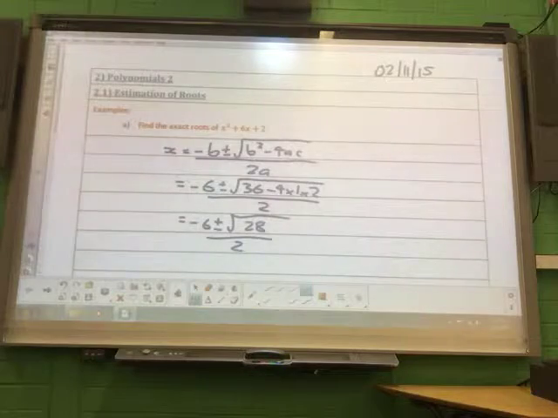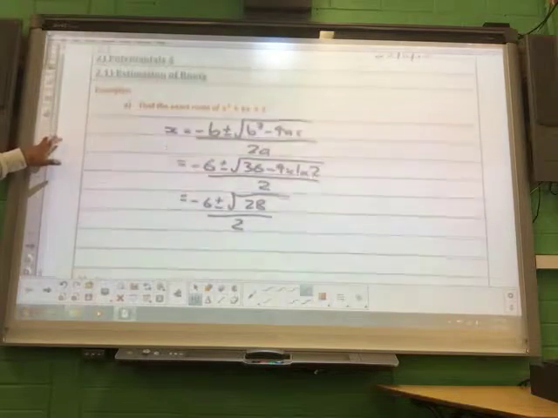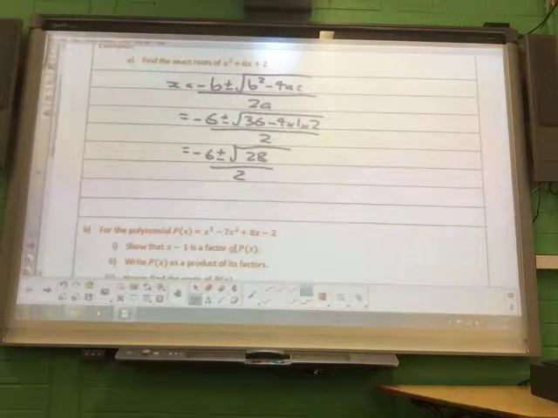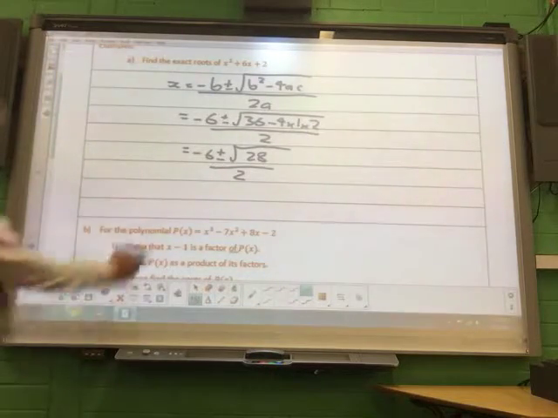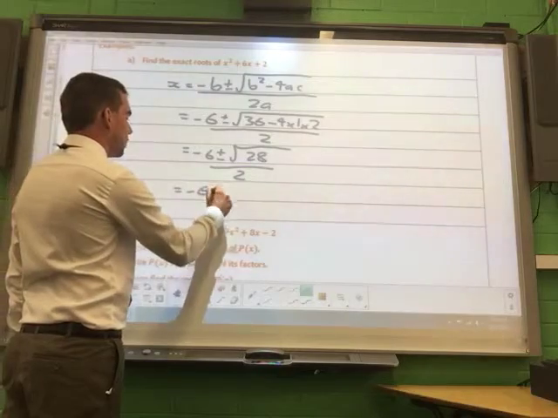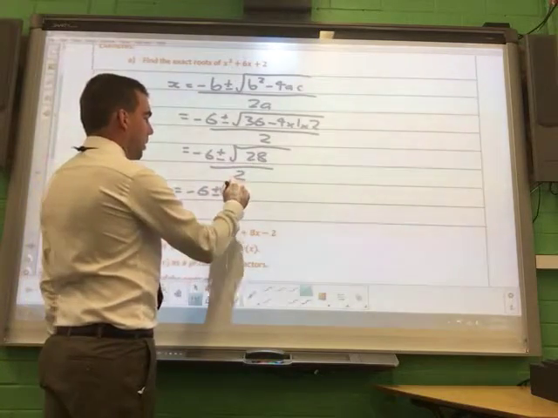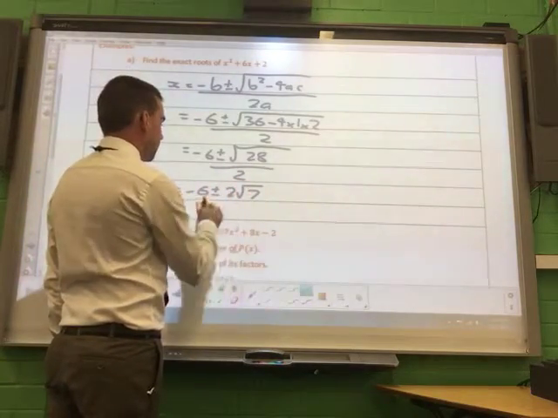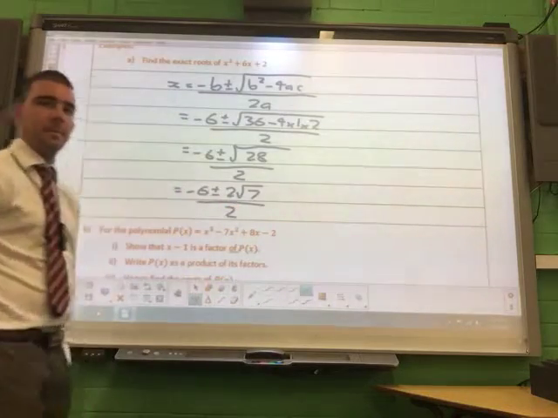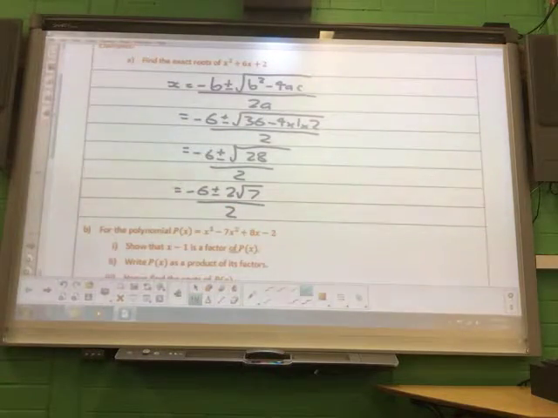Okay, so we've got the problem because of the square root of 28. It's not a whole number. However, I can write it as negative 6 plus or minus 2 root 7 over 2, because 28 is 4 times 7, and the square root of 4 is 2.